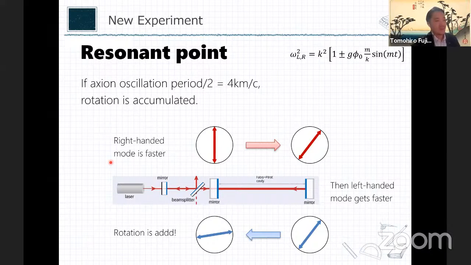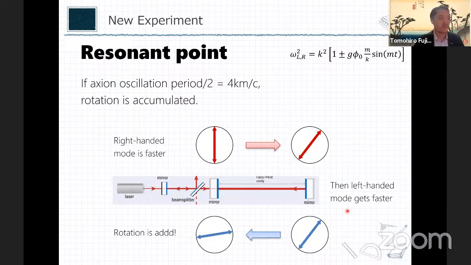So the best case is this. Here I wrote the dispersion relation again. Which mode is faster always flips due to this sign factor. The best case is that during the one way from this mirror to the end mirror, the right-handed mode is faster. Then when it gets flipped here, the sign changes, and now the left-handed mode gets faster.